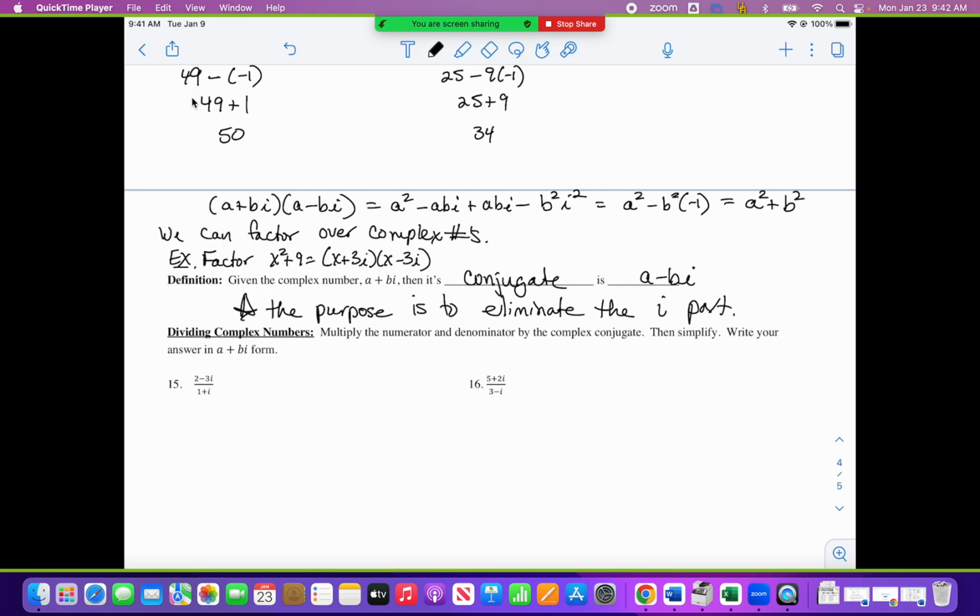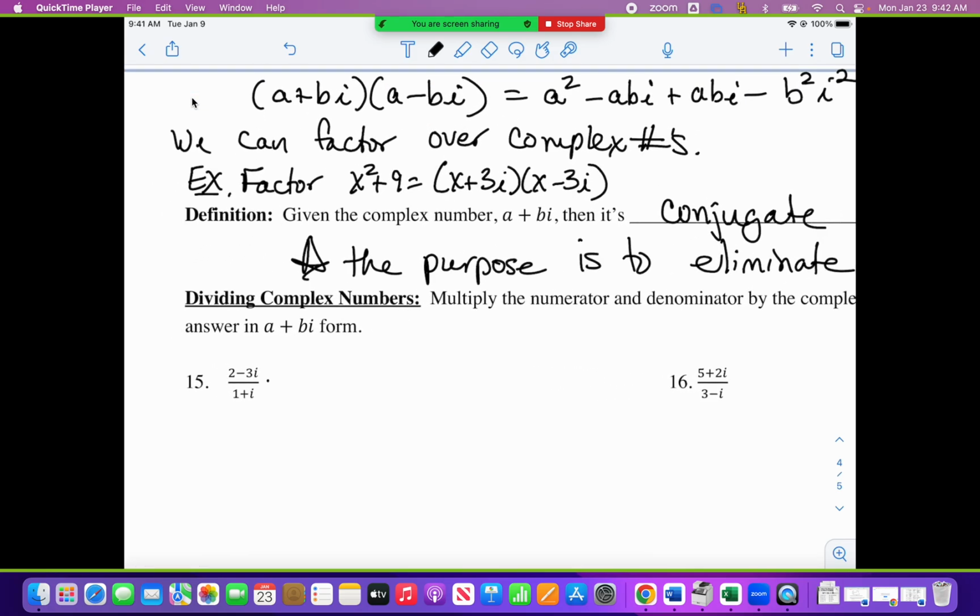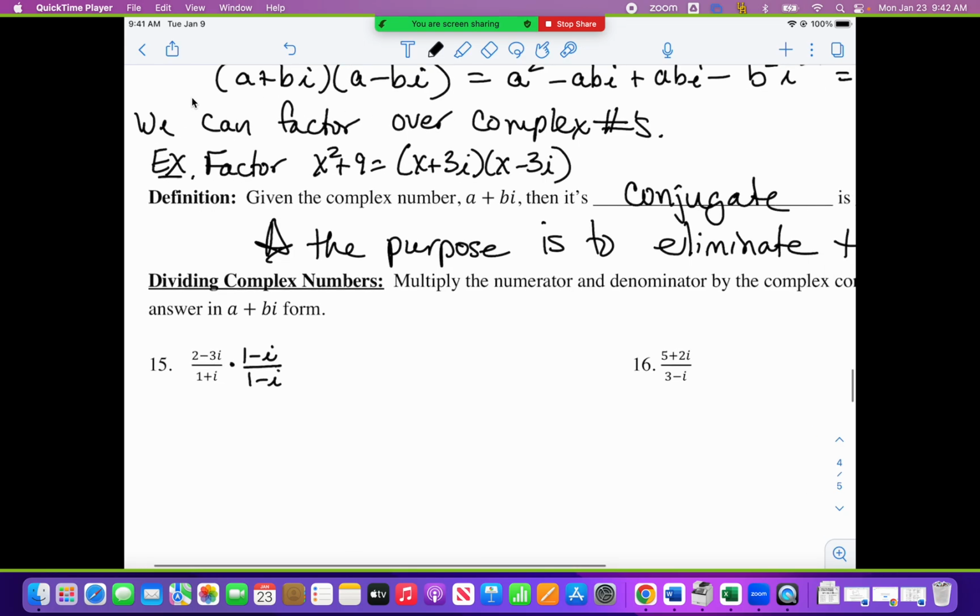So what I'm going to do is multiply by the conjugate of the denominator. So if I have 1 plus i, I'm going to multiply by 1 minus i over 1 minus i, because that's technically 1. So watch what happens.